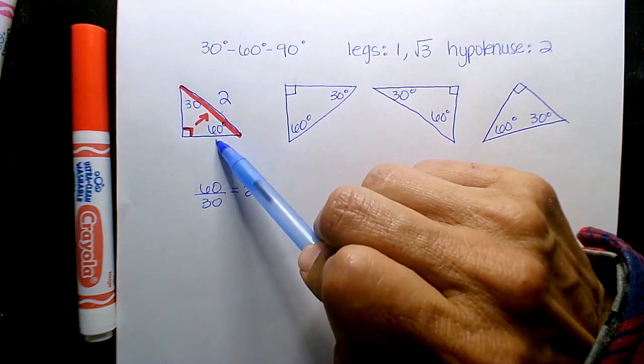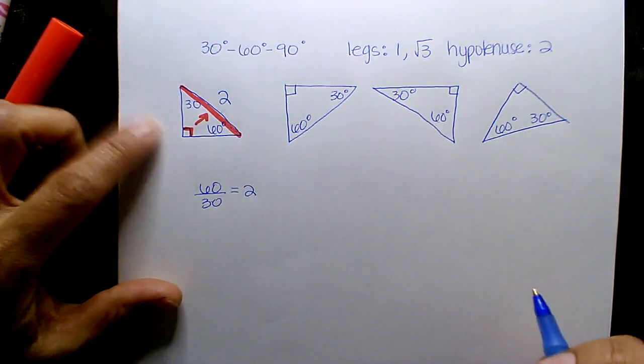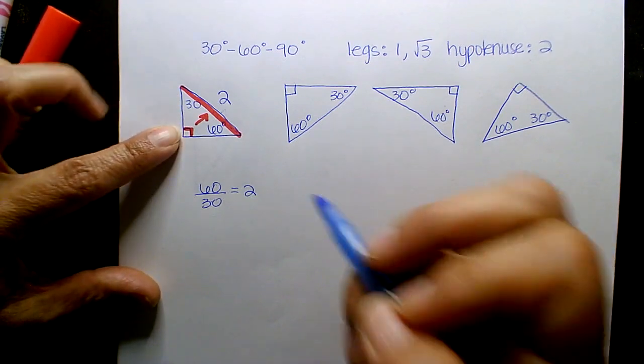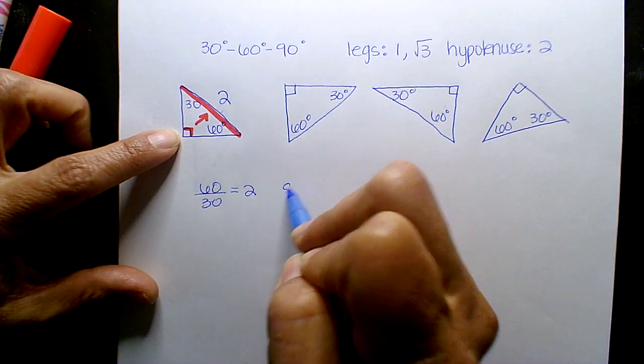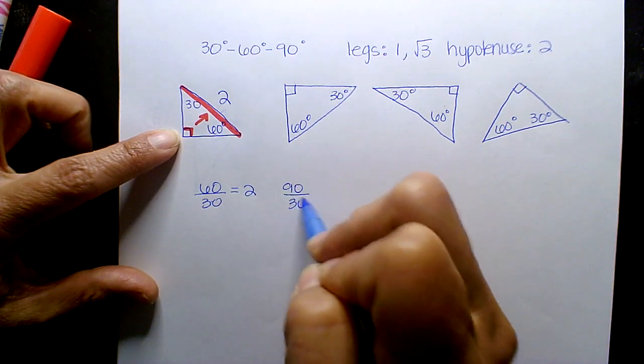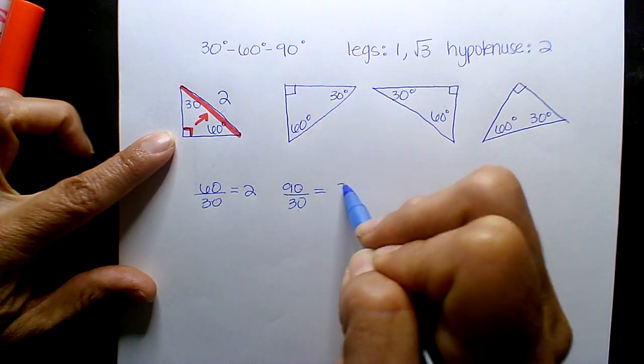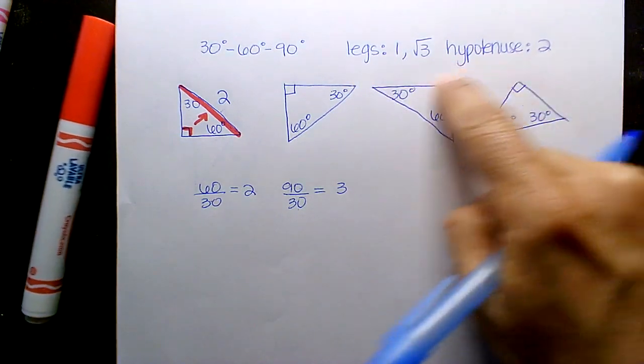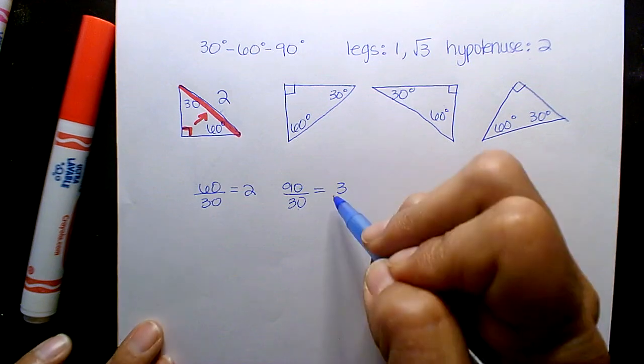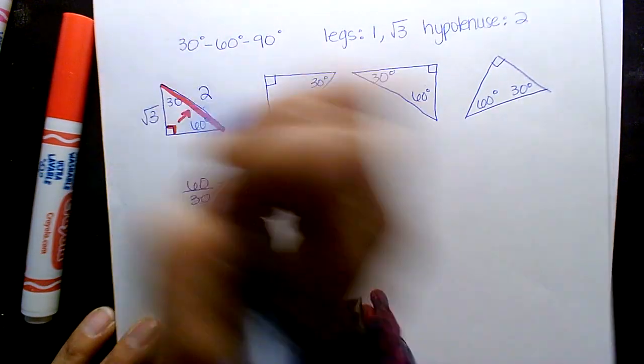Then 30 into 90: 30 goes into 90 three times, but because we're using it as a shortcut, it's rad 3.